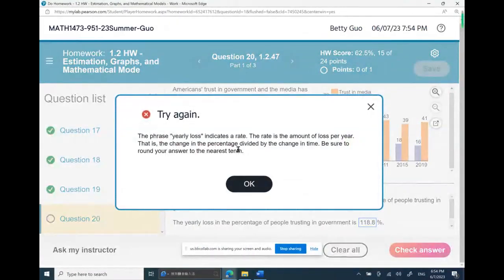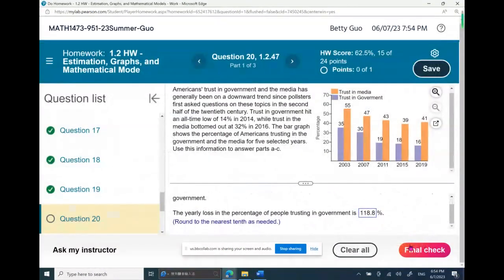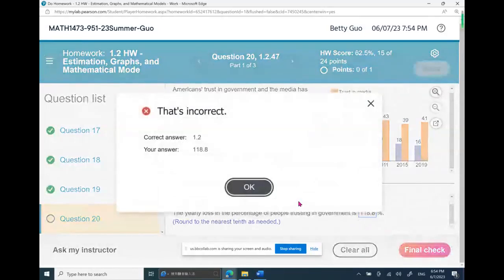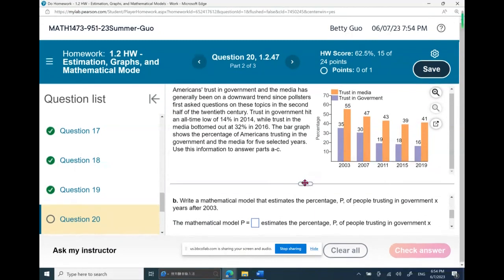The phrase yearly loss indicates a rate. The rate is the amount of loss per year, that is, the change in the percentage divided by the change in time. We did that. Be sure to round the answer to the nearest tenth. Final check. Oh, it's 1.2%.